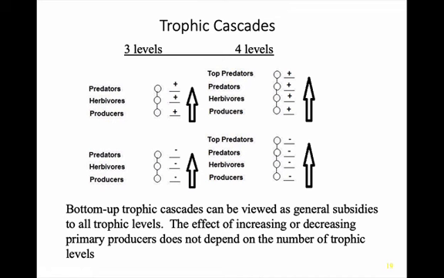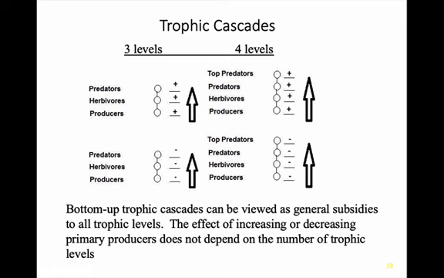If you decrease the producer biomass, you're going to generally decrease the biomass at all trophic levels. And that does not depend on the number of trophic levels. That'll be a general subsidy. So if you increase producer biomass, everything else increases.